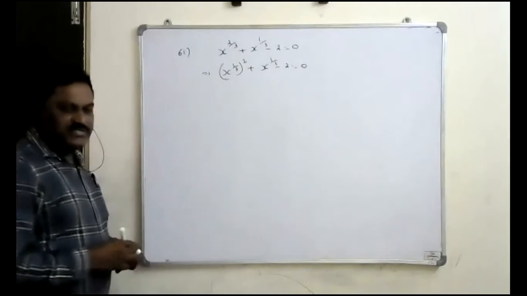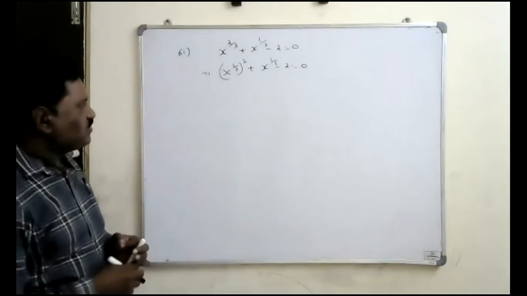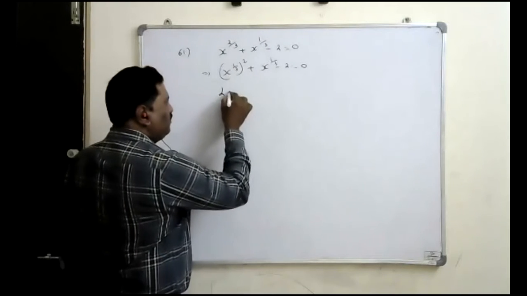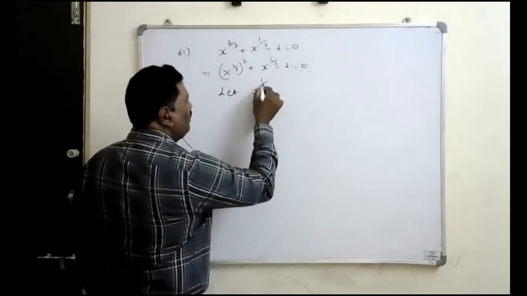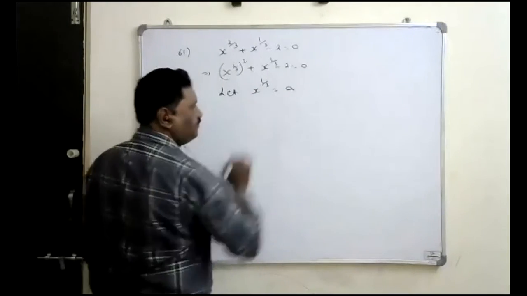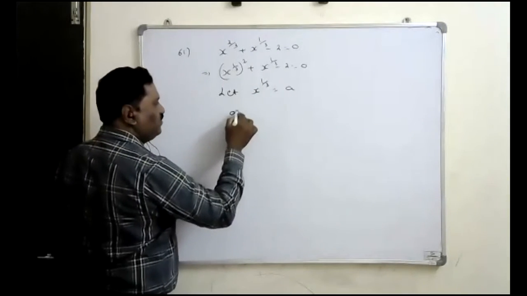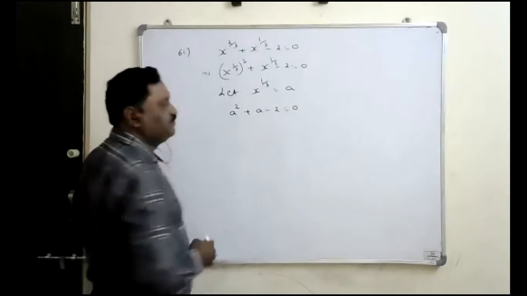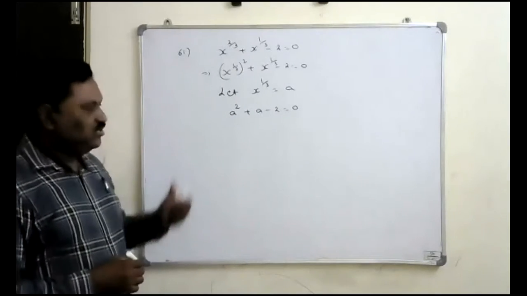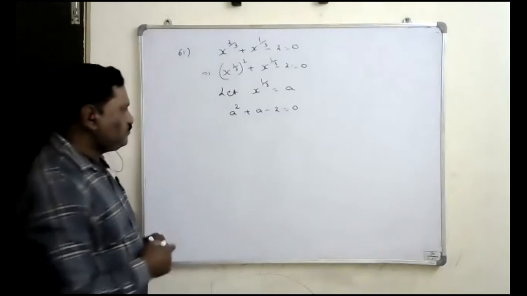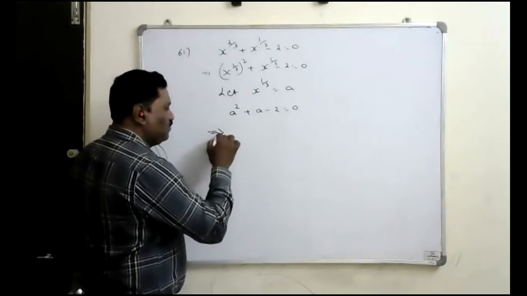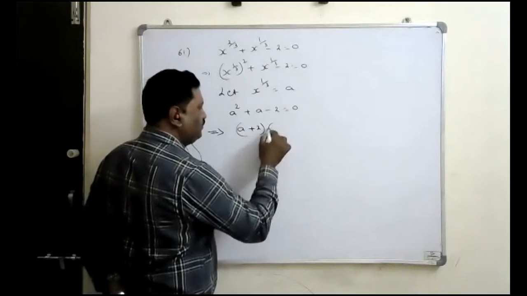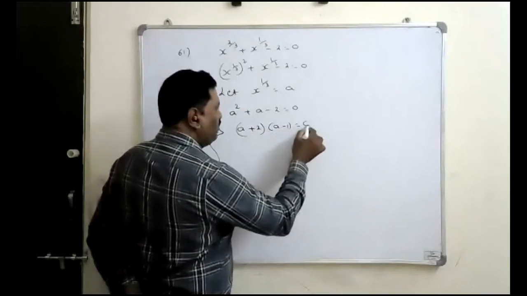We can write it as a quadratic equation in terms of x^(1/3). So let's take x^(1/3) as another variable, say a. Then this is a² + a − 2 = 0, a quadratic equation. The factors are (a + 2)(a − 1) = 0, right?